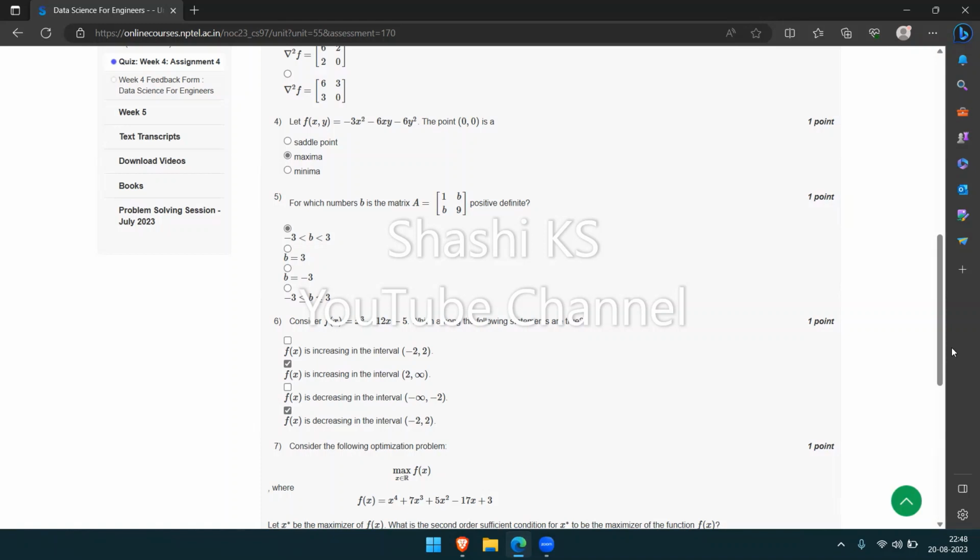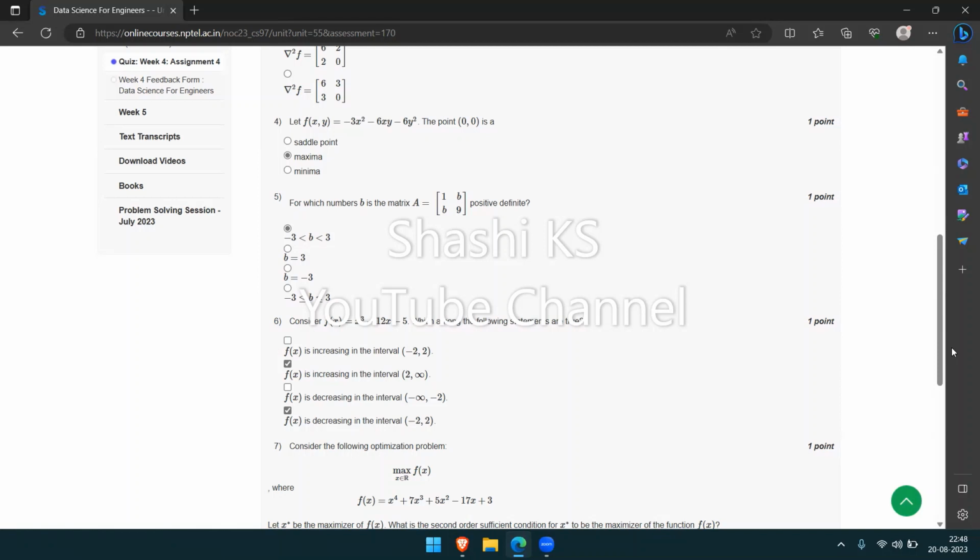So this would mean 3x square is equal to 12, and x square would be 12 by 3, which is equal to 4. So x would be plus or minus 2. When we plot it in an interval ranging from minus infinity to plus infinity, and plot minus 2 on one side and plus 2 on the other side, and we take one of the values in the interval minus infinity to minus 2, let's say minus 3, and use it in the equation, we would find that in the interval minus infinity to minus 2, f of x is increasing, and in the interval minus 2 to plus 2, f of x is decreasing, and in the interval 2 to infinity, f of x is increasing again.